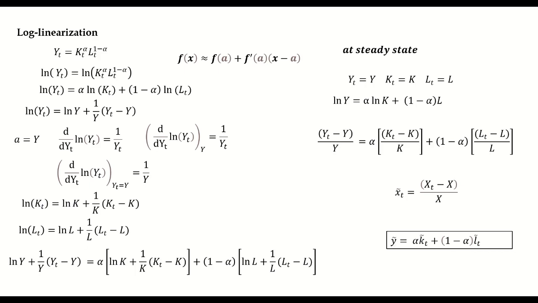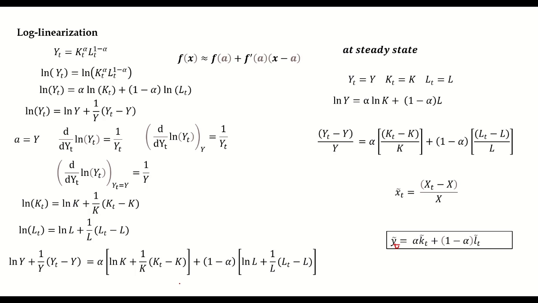Let me just add that. So y tilde t equals alpha kt tilde plus 1 minus alpha lt tilde. So percentage deviations in y are related to capital and labor in this form.